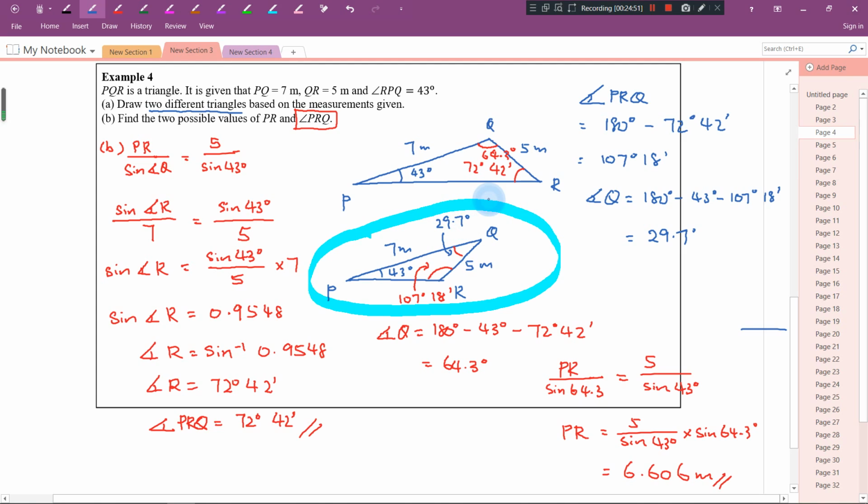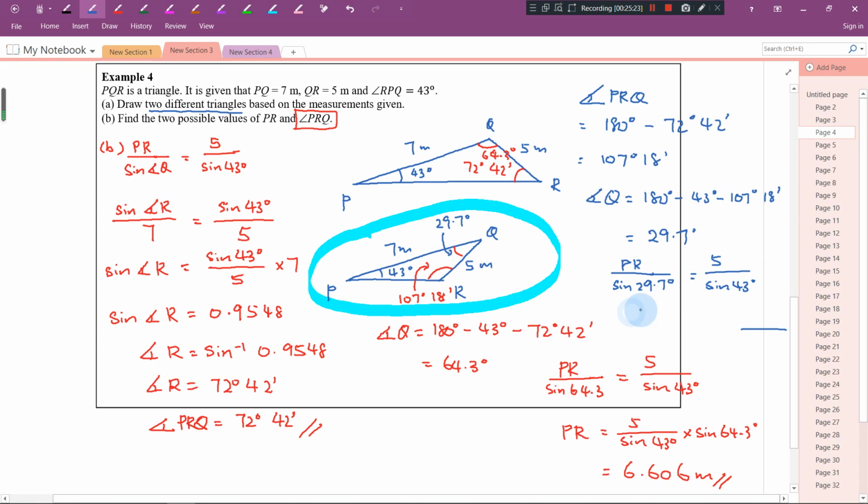Okay, so now we can use exactly the same method to help us to get the length of PR. So PR over sine 29.7 degree is equal to 5 over sine 43 degree.